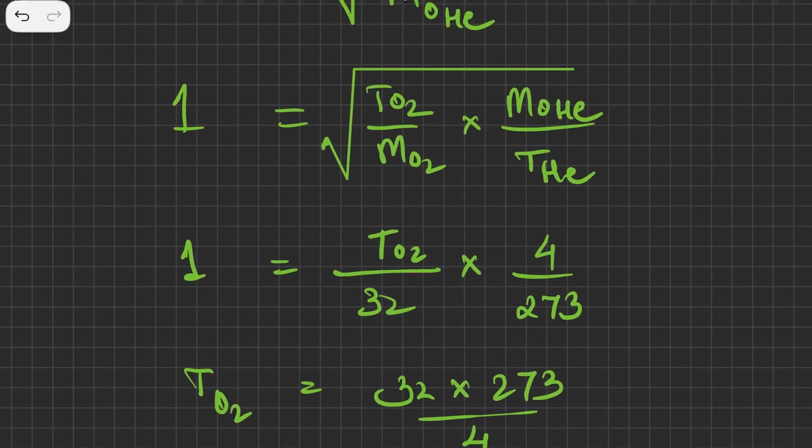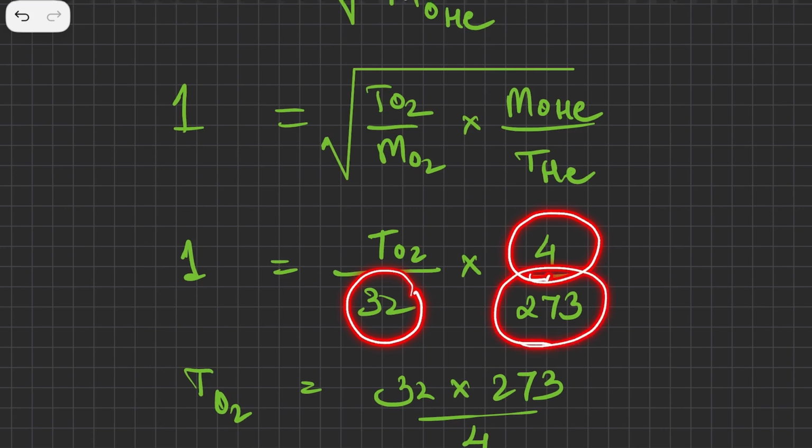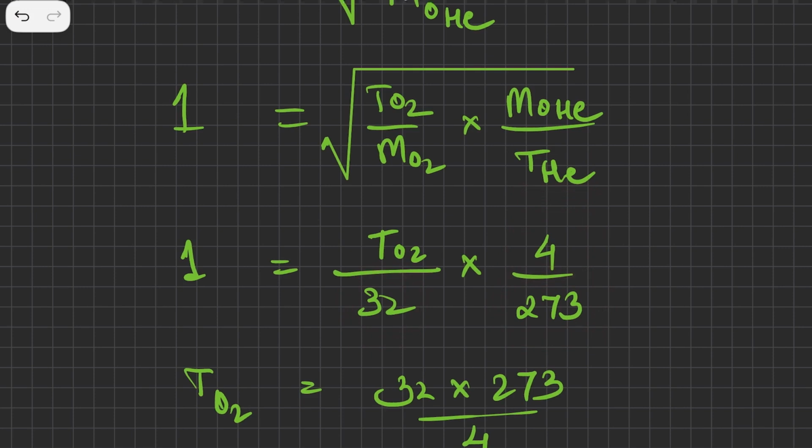Now T of O2 is something which is not given. M0 of O2 is given as 32. Helium molar mass is 4 and temperature of helium is 273. Now remember that the temperature should always be in the Kelvin scale. Now somebody would wonder, where is this root going? I have just squared on both the sides, so 1 squared is 1, and the square of the square root will give me no root over here.